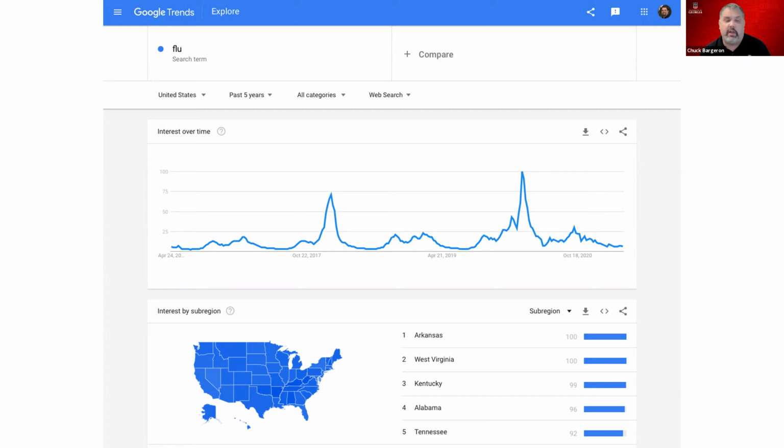About 10 years ago now, Google was experimenting, and there were pros and cons to their experiment, with people searching for flu symptoms and being able to track flu based on what people were searching on Google.